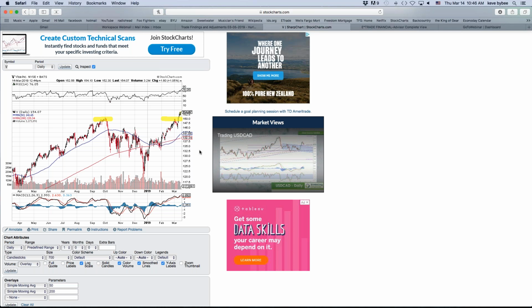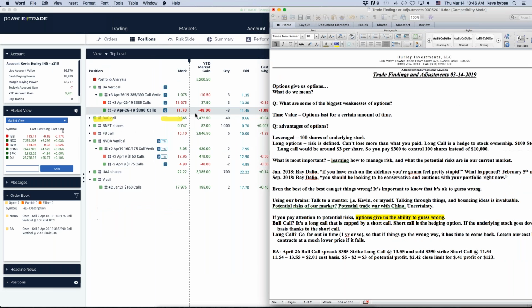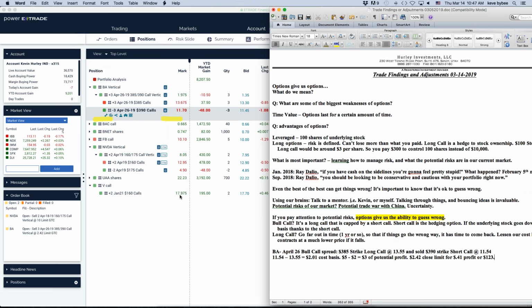And expectation being that we can go higher. Having captured our profit, but even if you're just getting into a position or looking to get into this position, which is still a good idea, getting back on for us was the 160, which costs $17.97.